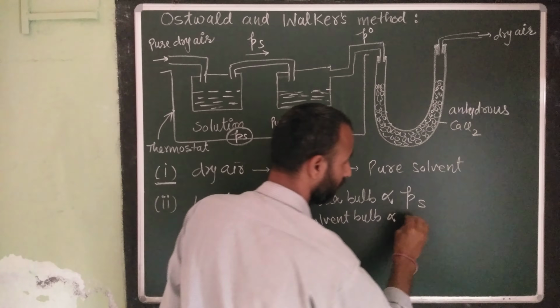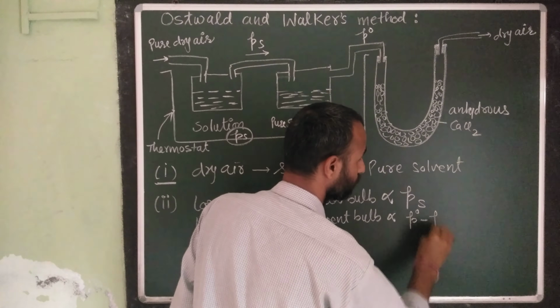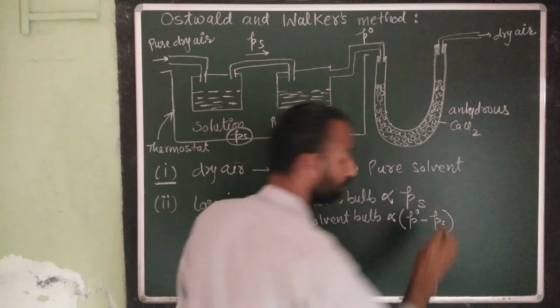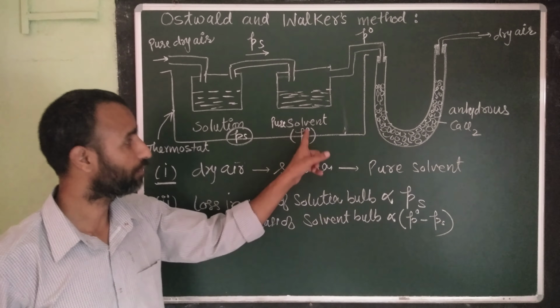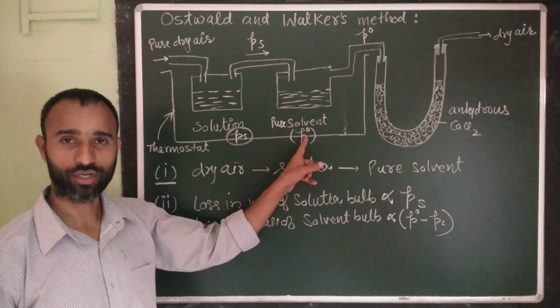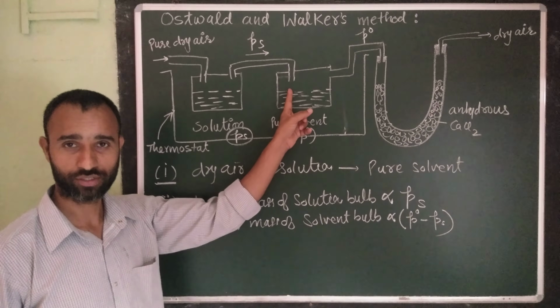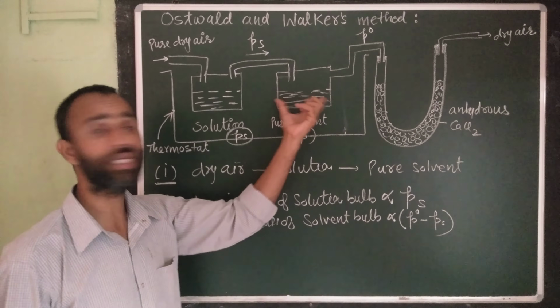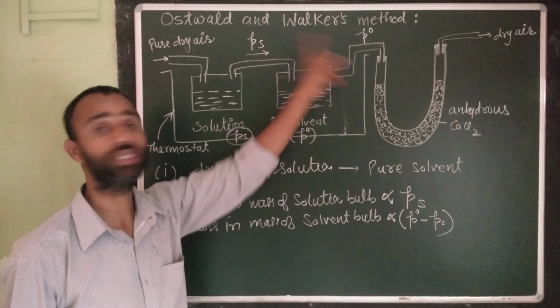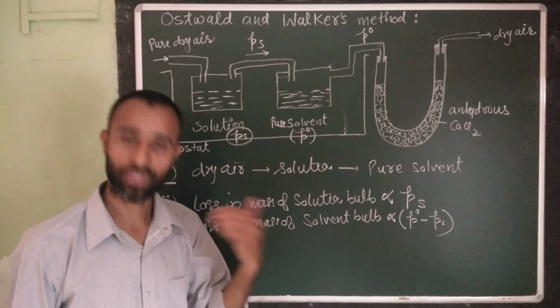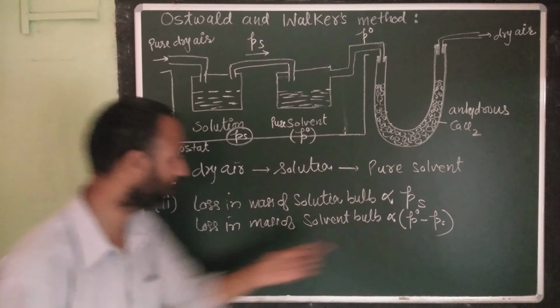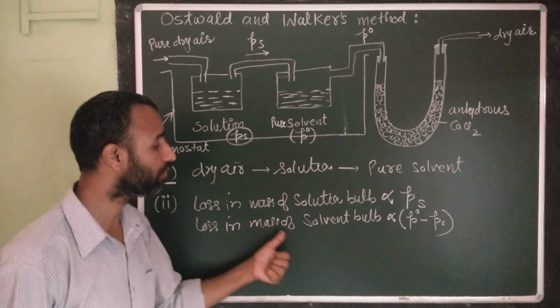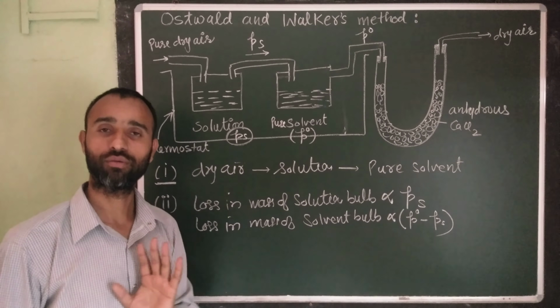It is actually P naught minus PS. Got it? Vapor pressure of the pure solvent is P naught, but already it gained PS and then it becomes P naught. So how much gain is there? P naught minus PS, that is gain. So P naught minus PS is proportional to loss in mass of the solvent bulb.